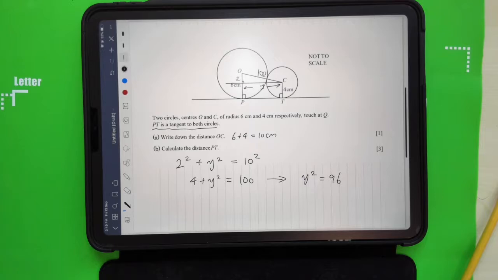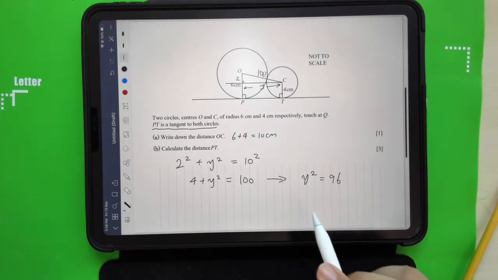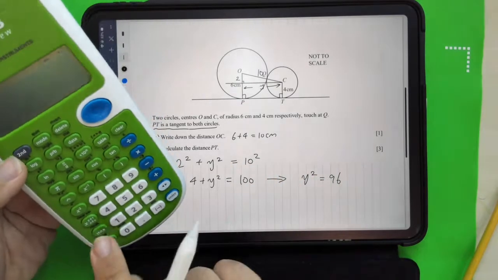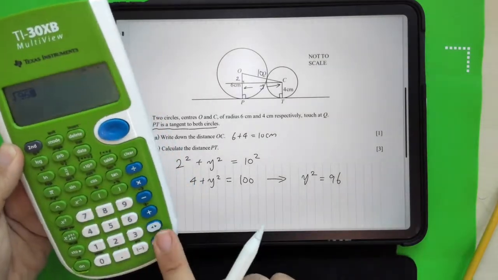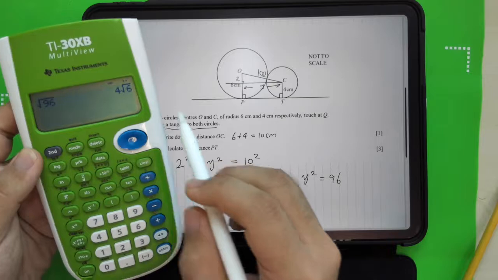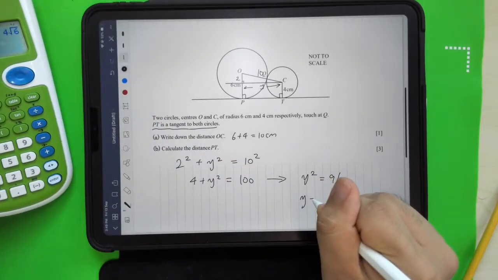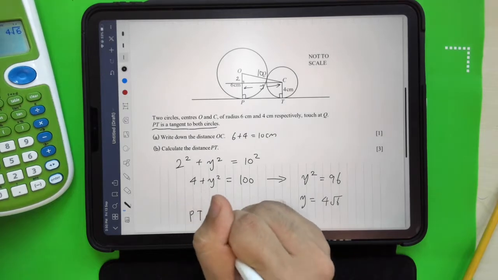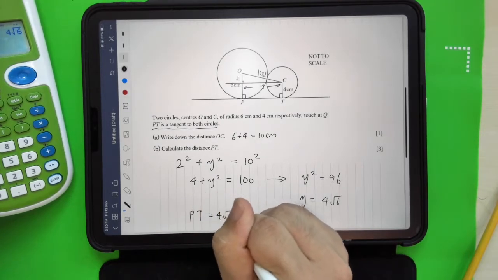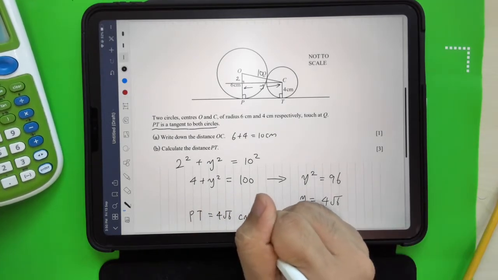Now, let's use a calculator to evaluate the value of y. Go to your calculator, press the square root button, and then enter 96. That gives us 4 root 6. So the answer, y equals 4 root 6. So PT equals 4 root 6 cm.